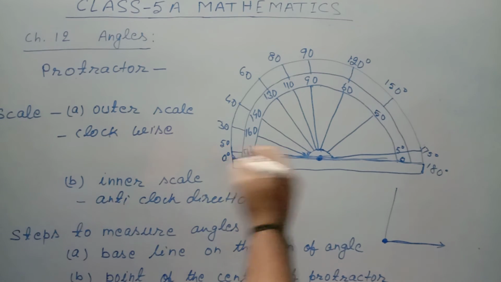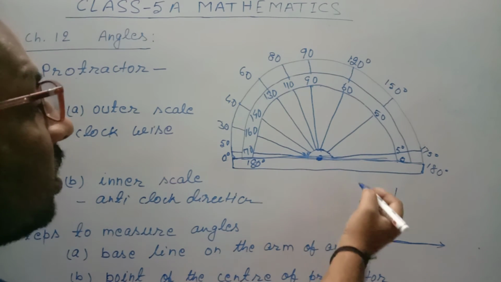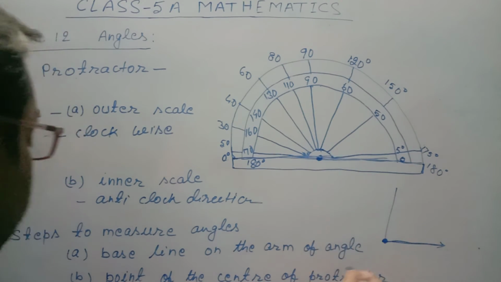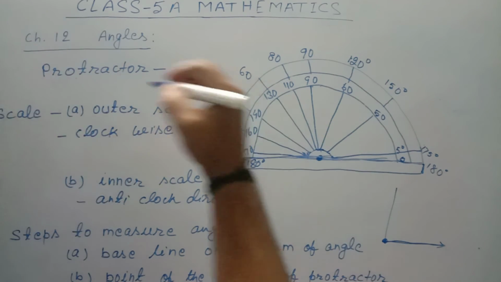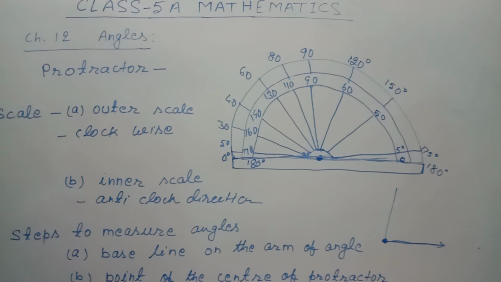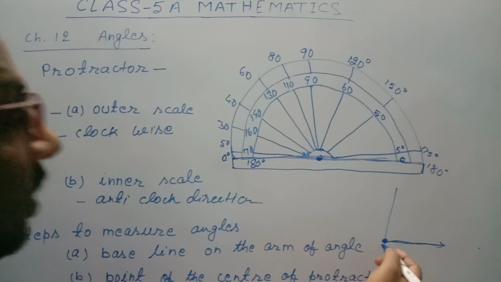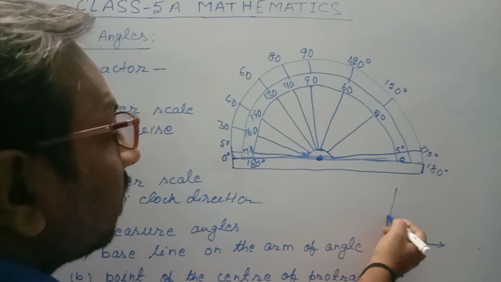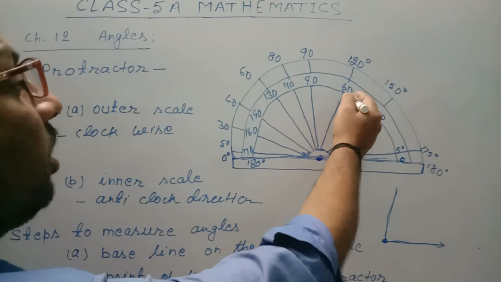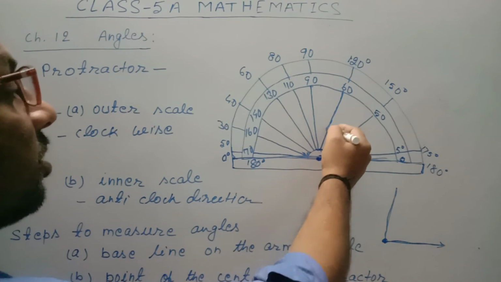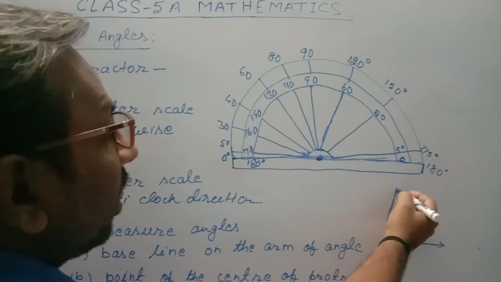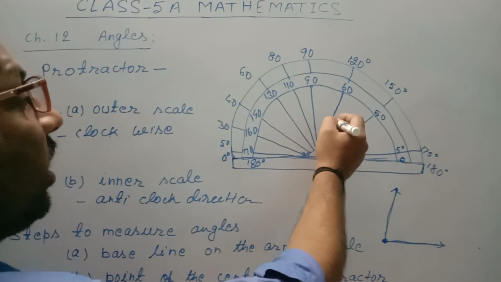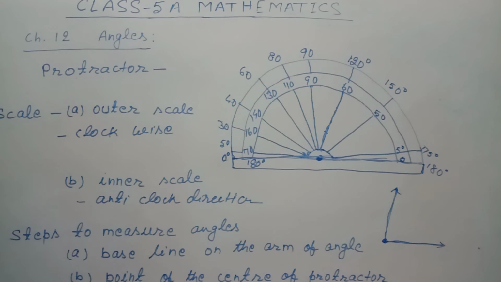Second, the center of the protractor should lie on the vertex. Third, the other ray will pass through one of the divisions of the scale.